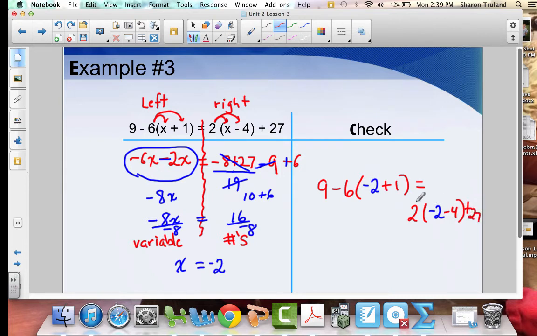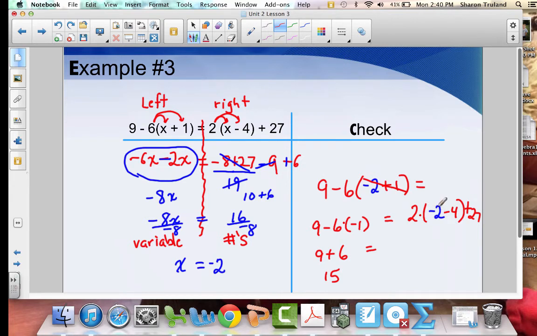All right, I can do it. I'm going to do parentheses first. Negative 2 plus 1 turns out to be negative 1. Order of operations says I have to multiply here first, so that becomes a positive 6. So I get 15.